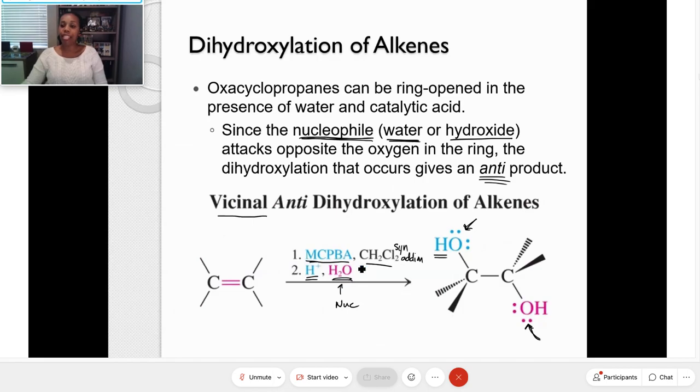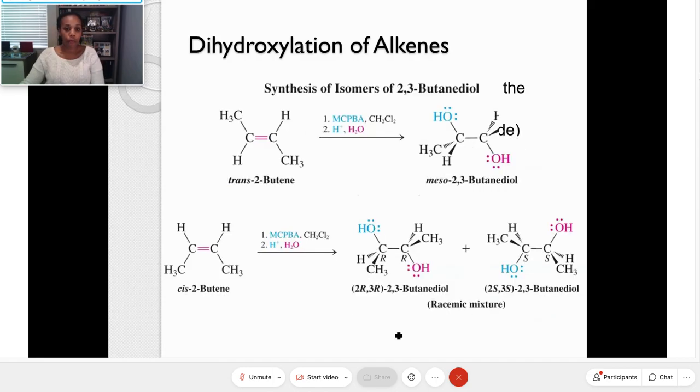But after the second step, it's an anti-addition overall. Syn addition the first step, but second step it's anti overall.